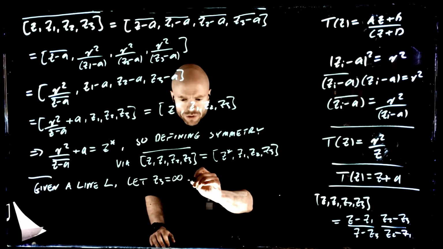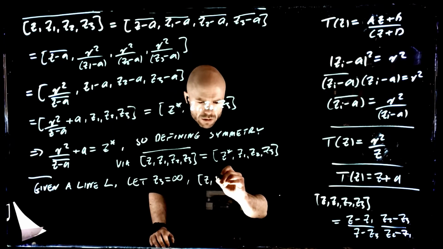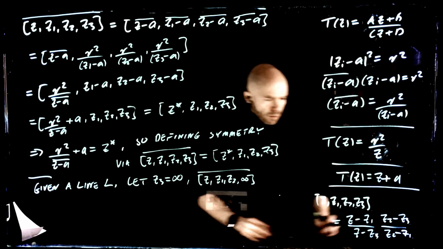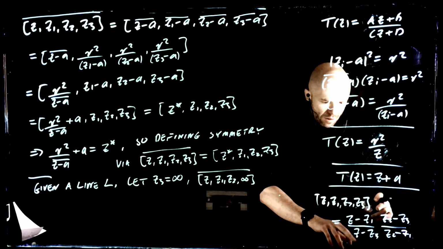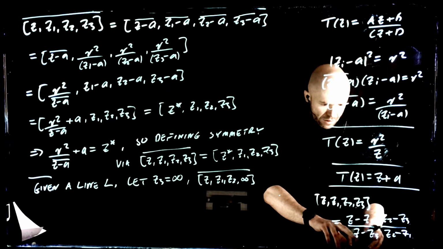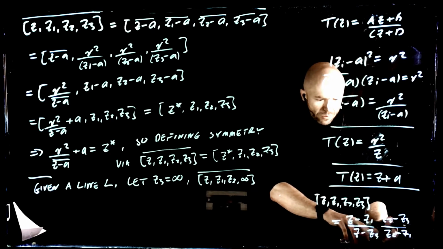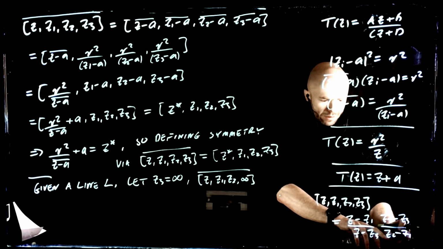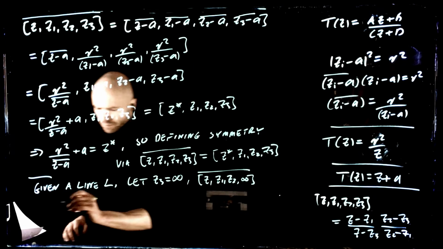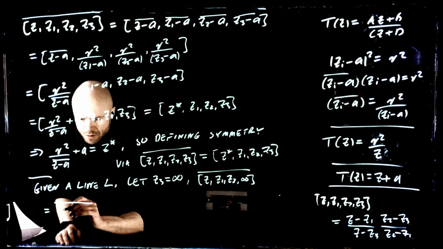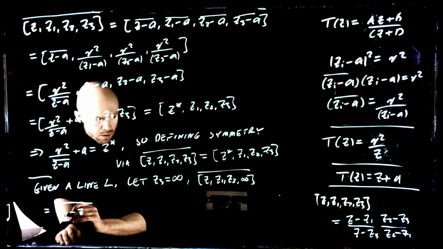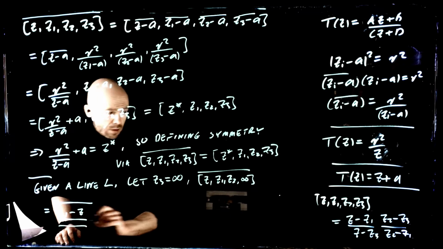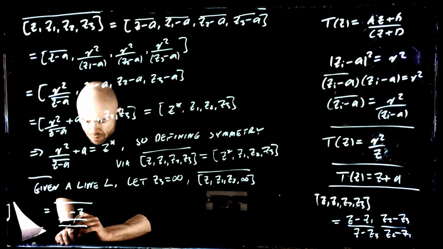But then this expression here, when you put infinity into this, we see that this will cancel with this, and all we're going to be left with is just z minus z1 over z2 minus z1. So this thing is the complex conjugate of z minus z1 over the complex conjugate of z2 minus z1.